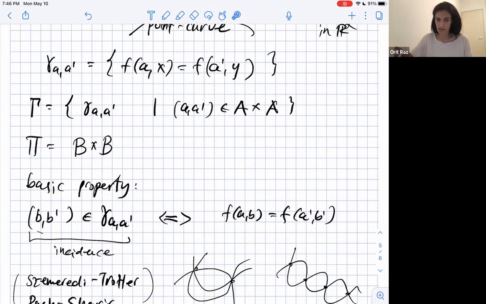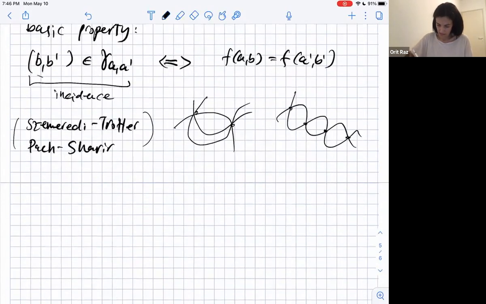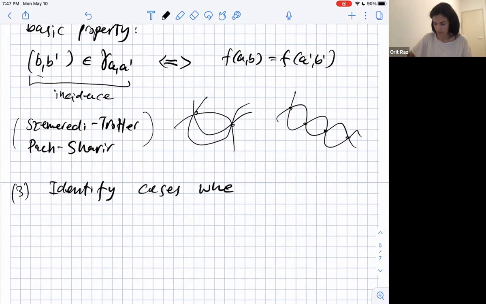So this is the thing we wanted to identify. So the last step: identify cases where incidence bounds cannot be applied.